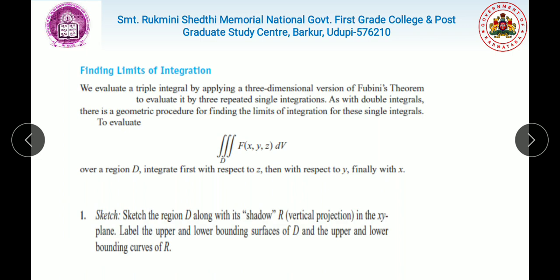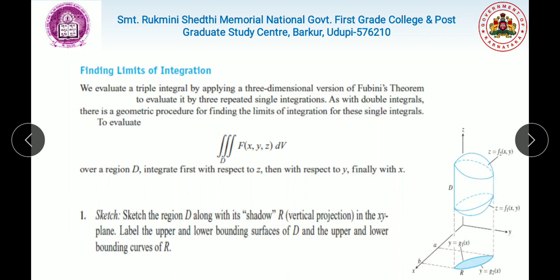In the first step, we have to sketch the region D along with its shadow R, or the vertical projection of D in the xy plane. Label the upper and lower bounding surfaces of D and the upper and lower bounding curves of R. So you have the figure. Suppose D is of this shape in 3 dimensions.